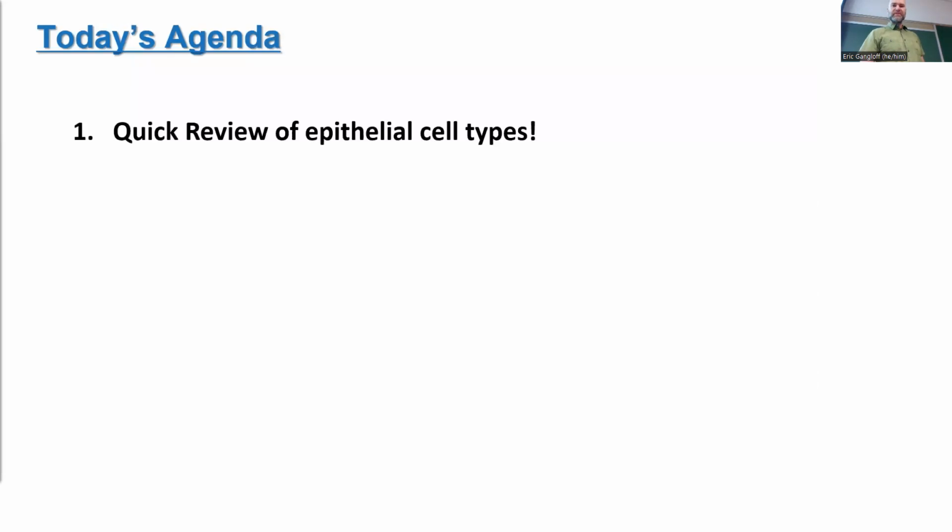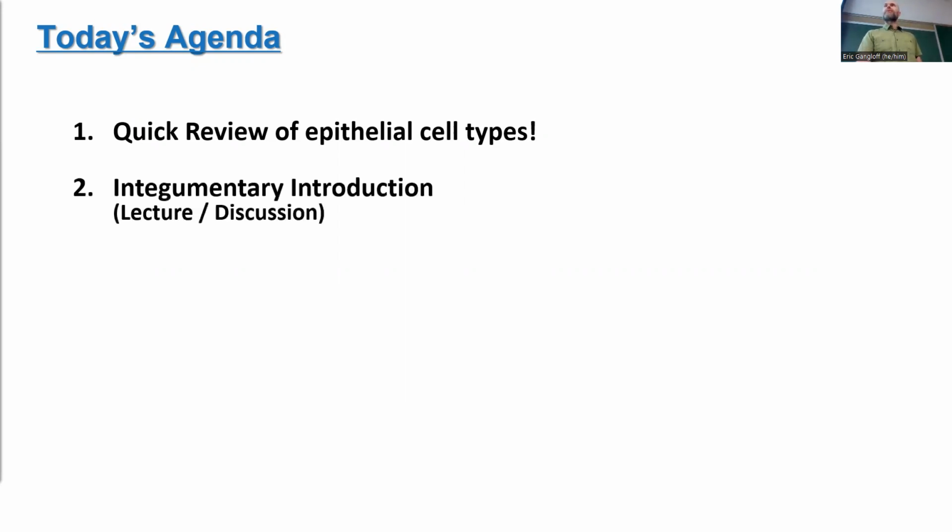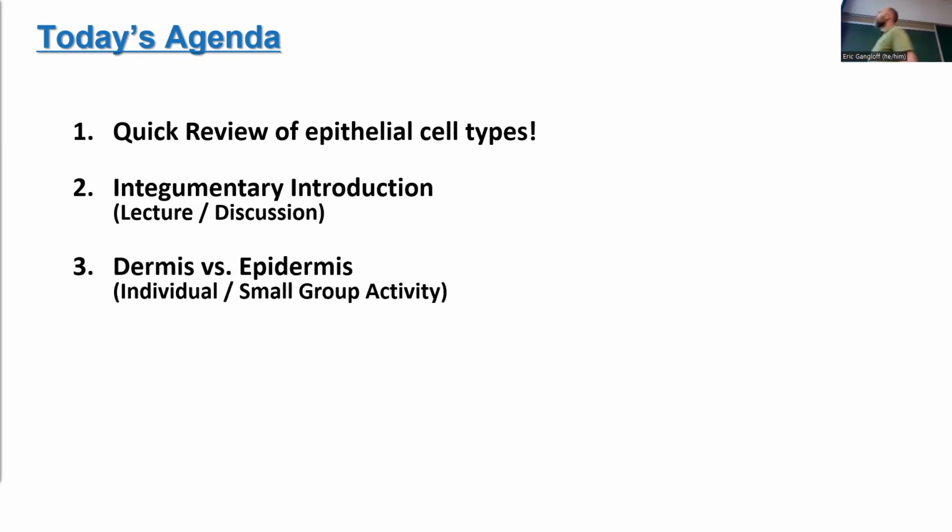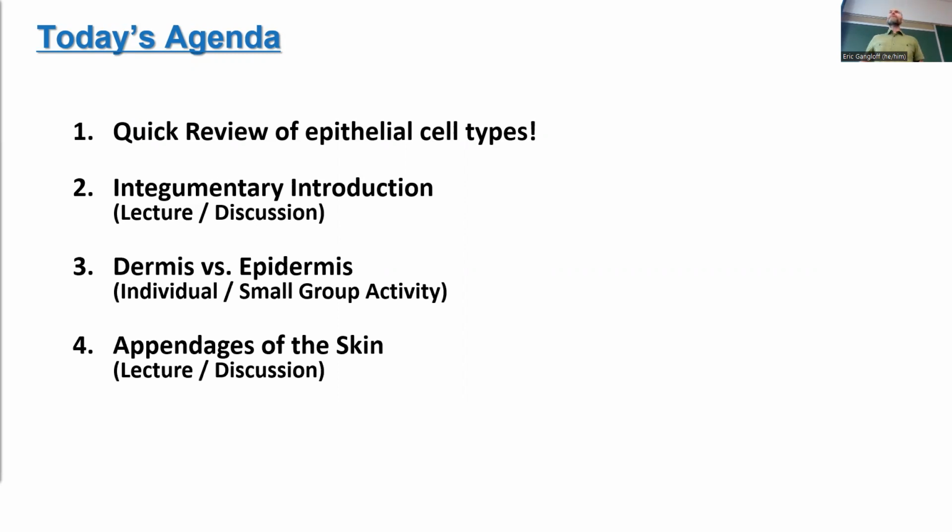All right, so today's agenda, we're going to quickly review epithelial cells. We talked about how we classify epithelial cells by shape and the number of layers. Then I'm going to introduce the integumentary system. Then you're going to do a small group activity called dermis versus epidermis, which is a fun and exciting way to learn about those two layers of your skin. Then we'll come back to lecture. I'll talk a little bit about the appendages of the skin.